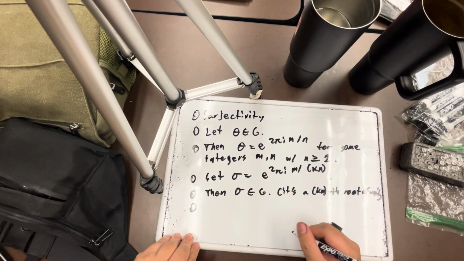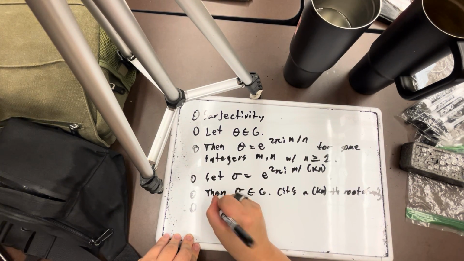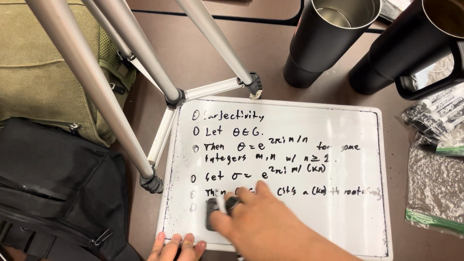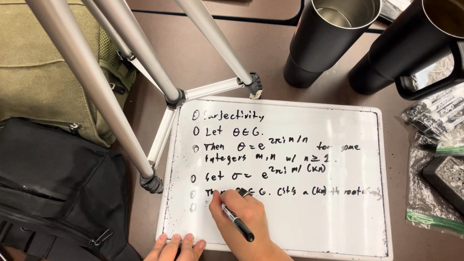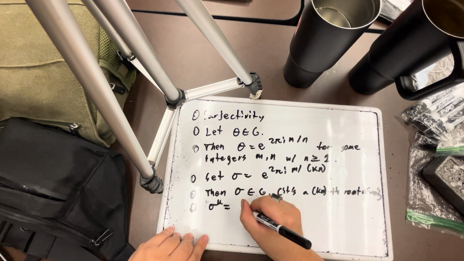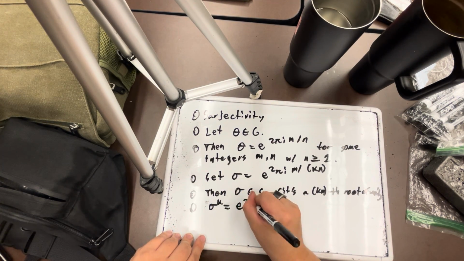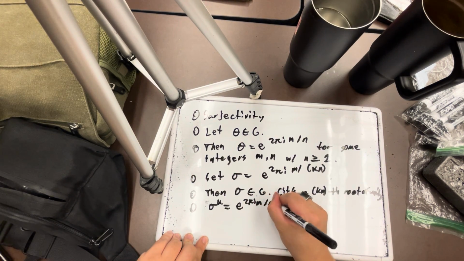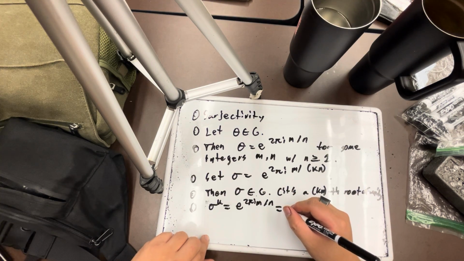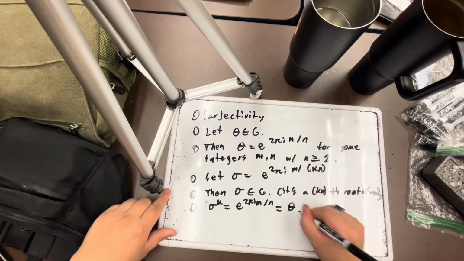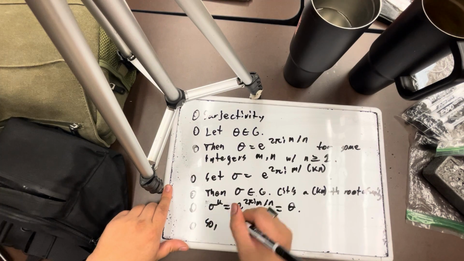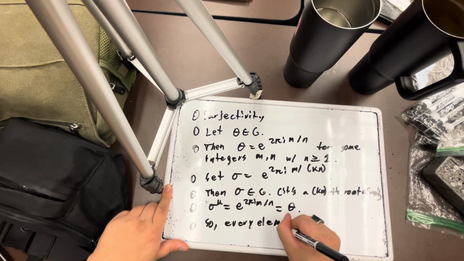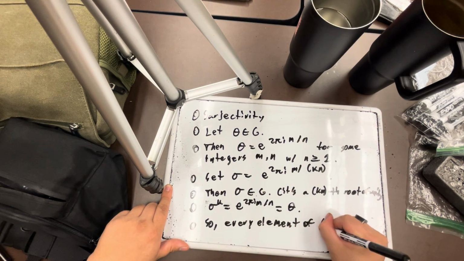So what then? Sigma to the k is equal to e to the 2 pi I times m divided by n, which is just equal to theta. So every element of G has a preimage.